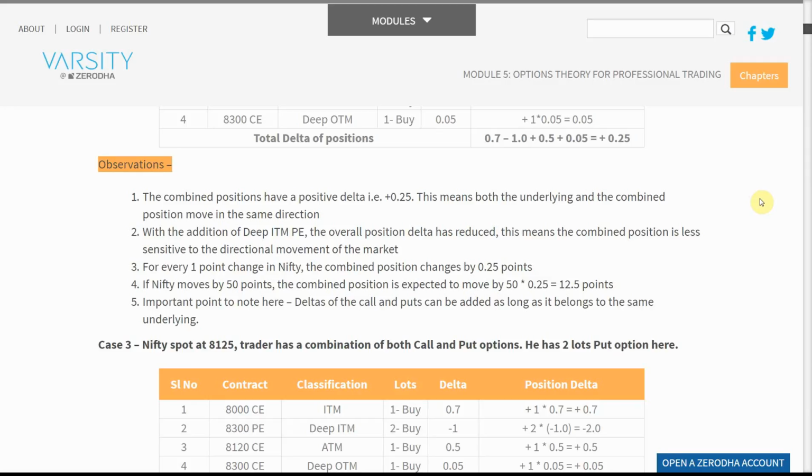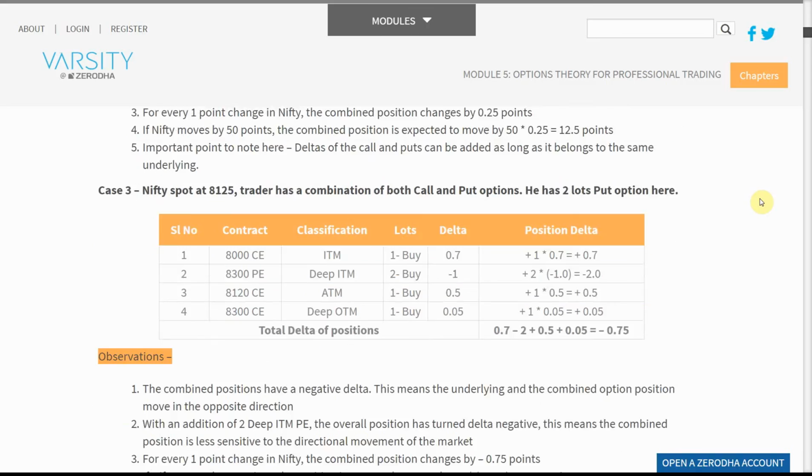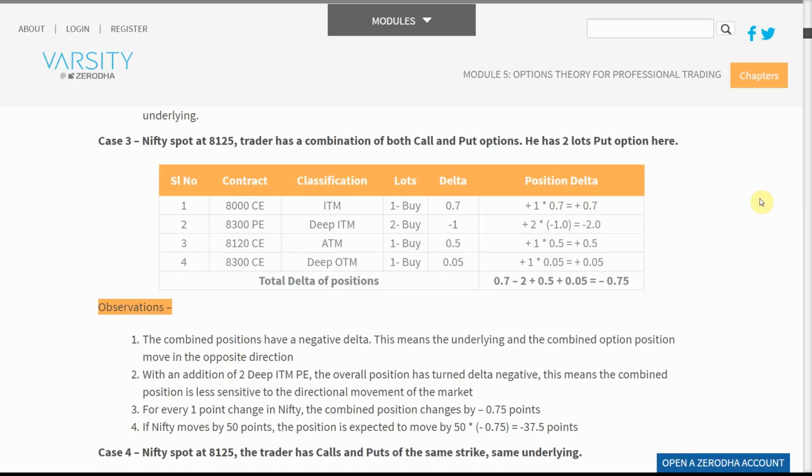Serial number, contract, classification, lots, delta, position delta. 1. 8000 CE, ITM, 1 by 0.7, plus 1 * 0.7 equals plus 0.7. 2. 8300 PE, deep ITM, 2 by minus 1, plus 2 * minus 1.0 equals minus 2.0. 3. 8120 CE, ATM, 1 by 0.5, plus 1 * 0.5 equals plus 0.5. 4. 8300 CE, deep OTM, 1 by 0.05, plus 1 * 0.05 equals plus 0.05.